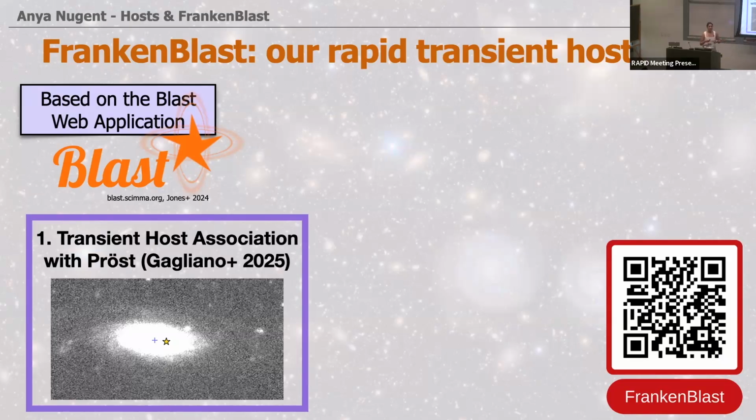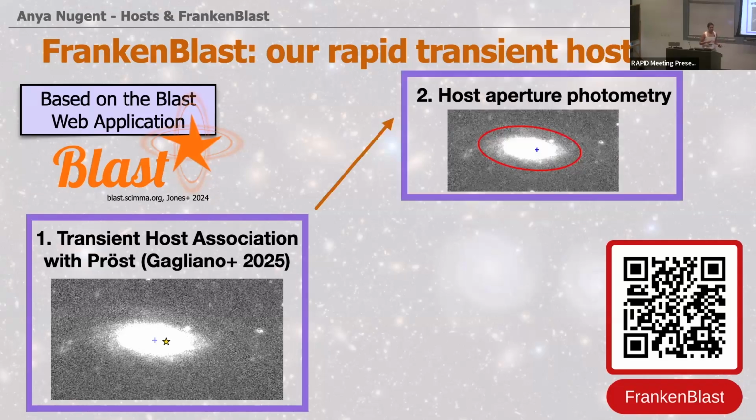And I do think it works much better, especially for determining highly offset transient host galaxies, than more traditional methods like probability of chance coincidence. So after the host association, FrankenBlast will do host aperture photometry using a ton of images from existing archival surveys, including GALEX, DES, PanSTARRS, 2MASS, and WISE.